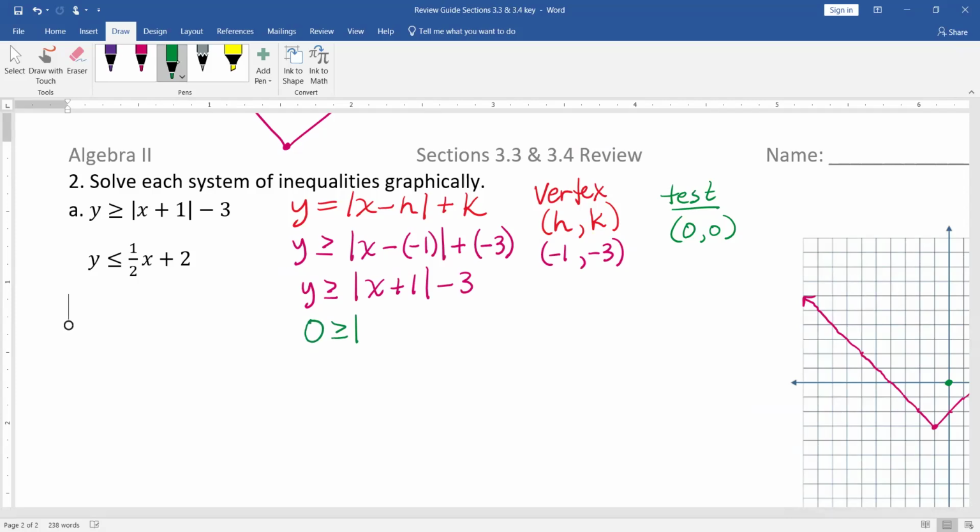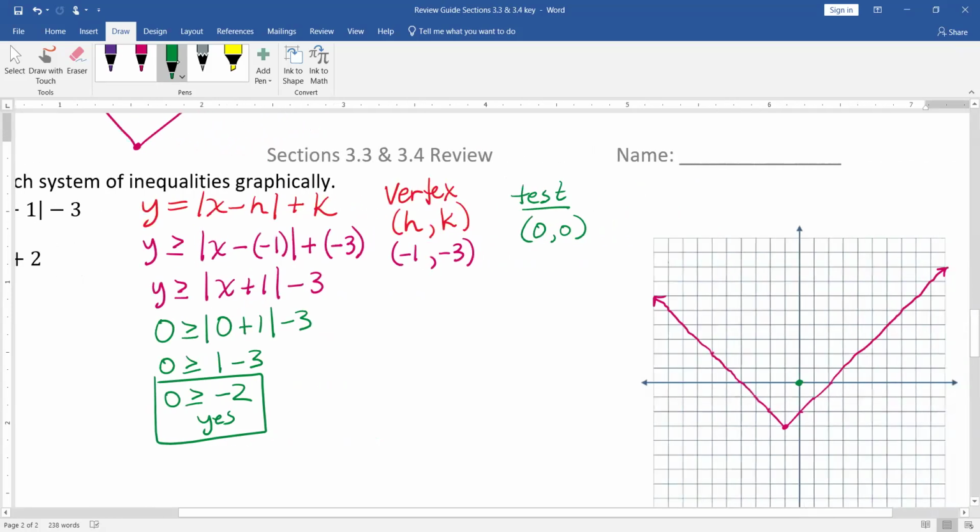Plug in the 0 for the y, plug in the 0 for the x. I get 0 is greater than or equal to the absolute value of 0 plus 1, which is 1, minus 3. 0 is greater than or equal to 1 minus 3, which is negative 2. Well, yep, that's true. Because I got a true statement, the side of my absolute value graph that includes the origin is my solution set. That's the side I'm going to highlight.